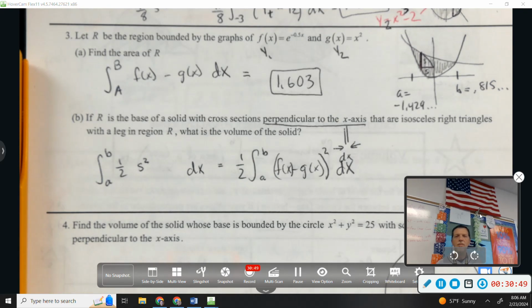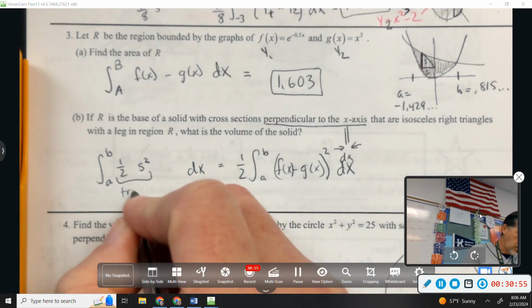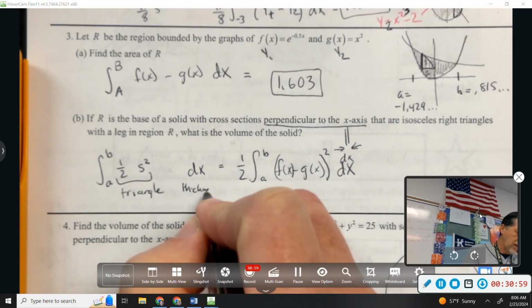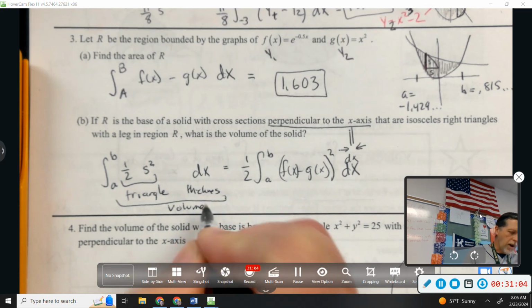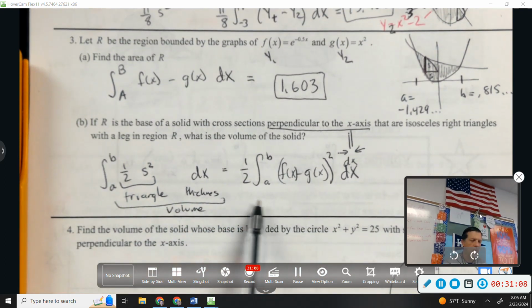Yes, 1/2 S squared. That's the triangles. Dx is the thickness. So that total is the volume. So we're adding up all the volumes from A to B. So 1/2 A to B, F minus G all squared.